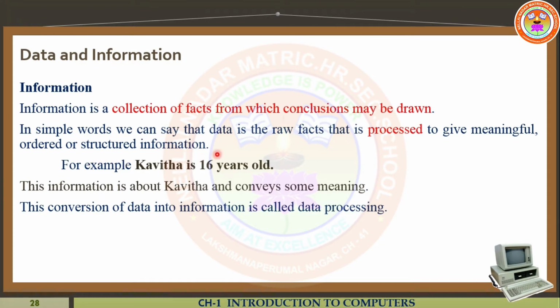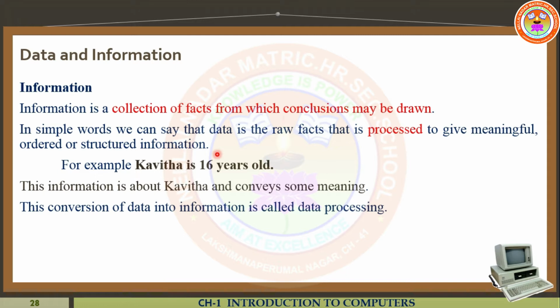So that means what? Already we discussed: data is an unprocessed collection of raw facts. Once the data is processed, the processed data is considered as what? Information. That information is a meaningful one. Understood? So information gives the meaningful sentence or words or whatever it is, not data.